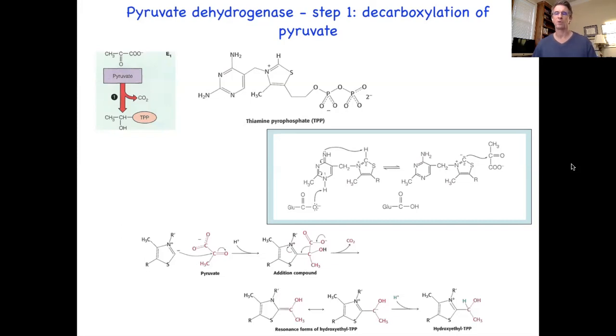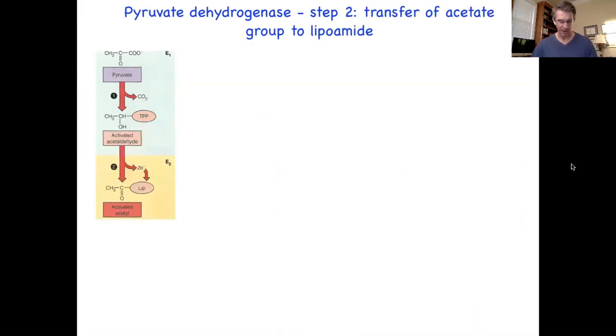Pyruvate dehydrogenase isn't going to do that, just stop there. We're now going to use the free energy available in this compound to synthesize that activated thioester, right, which is the next step of the reaction. Now, all of the stuff I just talked about, remember, happened up here on the E1, that outer shell of the pyruvate dehydrogenase complex. And so we've created that hydroxyethyl TPP in the active site of that E1.